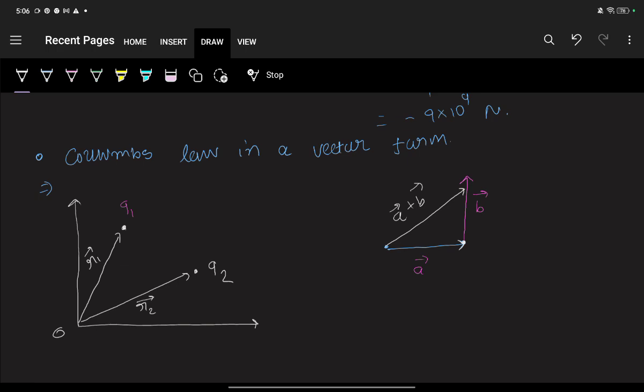Yes, sir. So in this case, what will this distance be? Let's name it r21, which is given by r2 vector minus r1 vector, because here the two heads are touching each other.